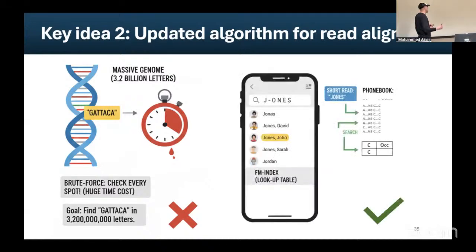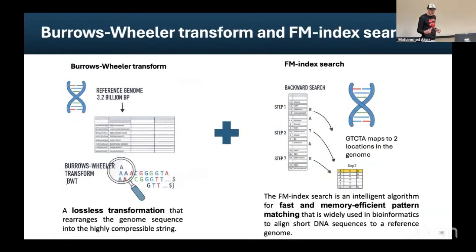So we need to introduce some kind of intelligent algorithm, similar to how your phone is looking for contacts. When you enter just one character, it immediately narrows down the search to only names that start with that character. So we will try to implement an intelligent algorithm that is based on some kind of sorting. The algorithm is the Burrows-Wheeler transform and FM index search. Not to confuse these two things, the Burrows-Wheeler transform is just a transformation of the original sequence.